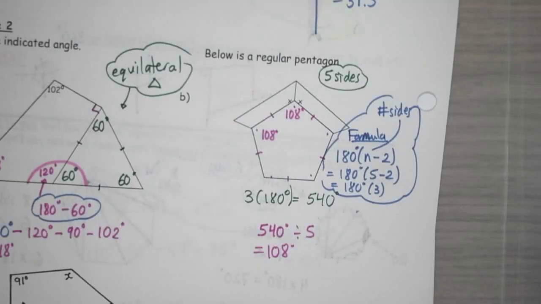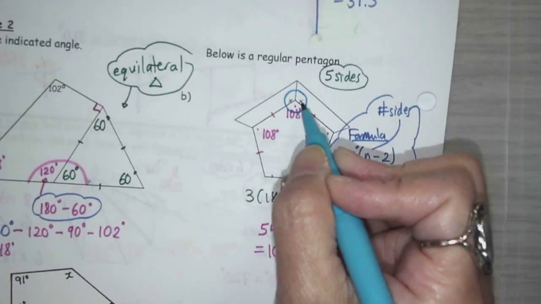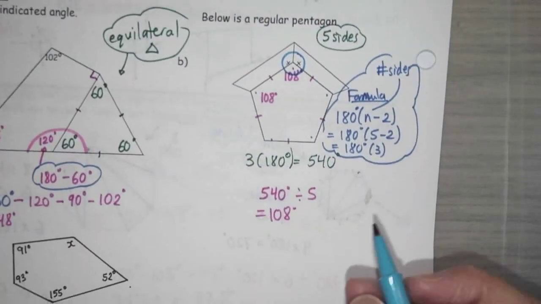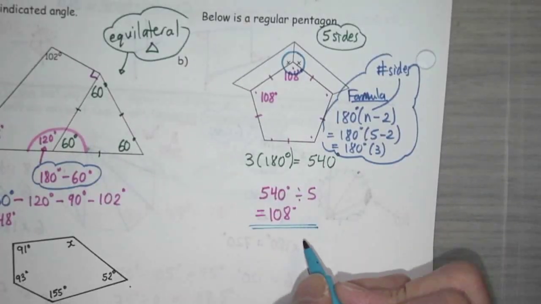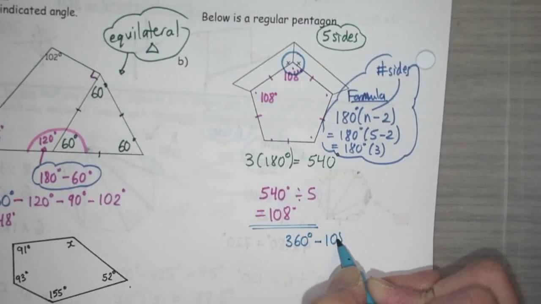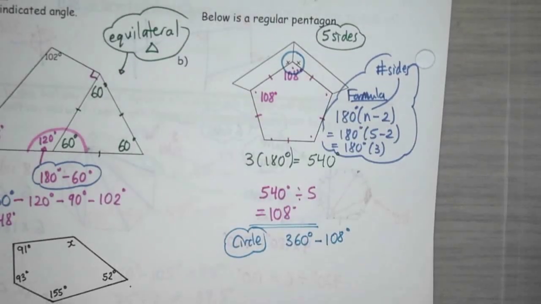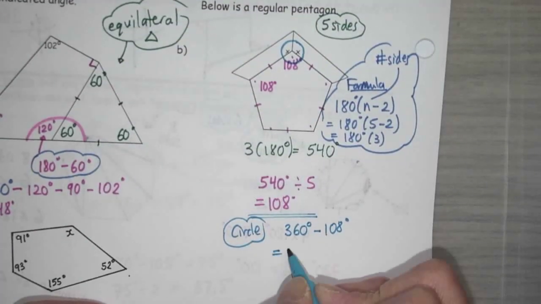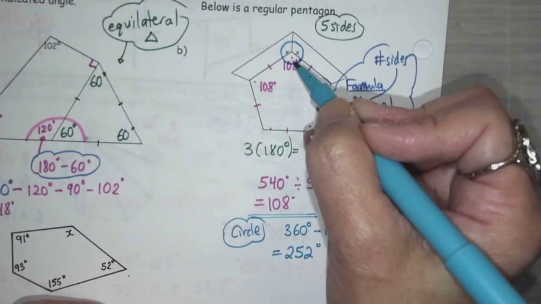If those two x's are the same, so that's why I labeled them the same, then what we can do is we can say, okay, but I know that this is a full circle. At that corner, all 3 tuck in the same, so they're all going to make a full circle. So for the circle, we're going to do 360 minus 108, for the circle right there. So that'll be 252 degrees for the whole thing minus this corner.